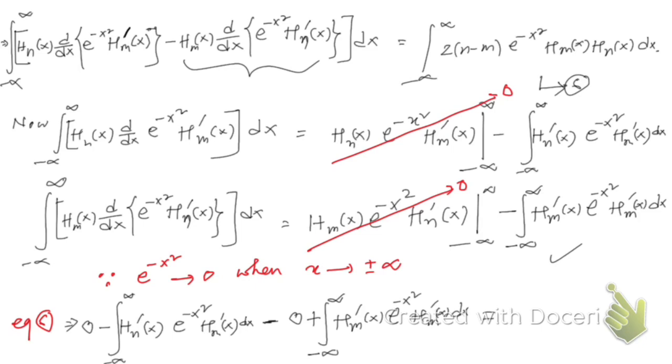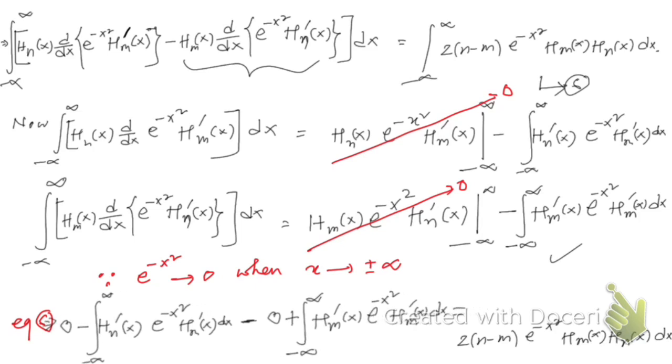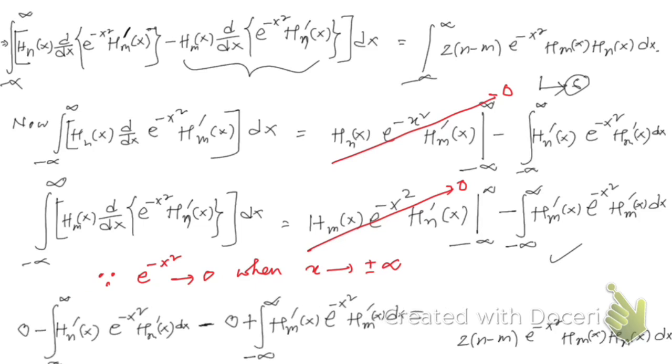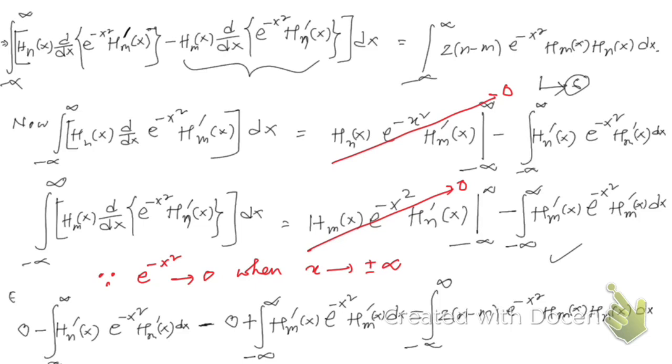Let me copy the right hand side of equation number 6. So here we have integration from minus infinity to plus infinity. This is from equation number 6, right? Hope you have understood this.